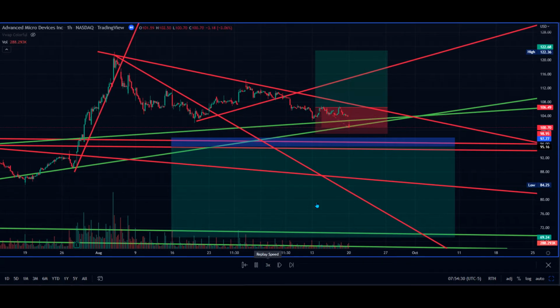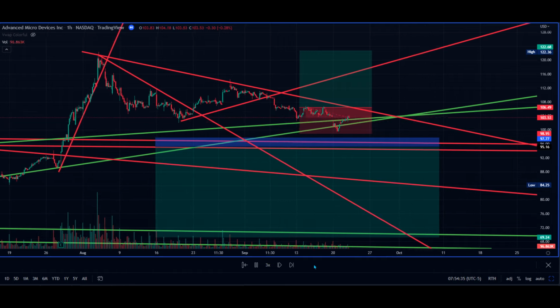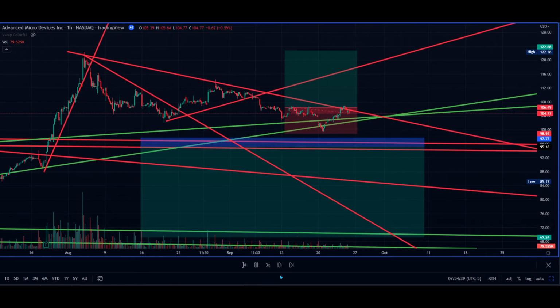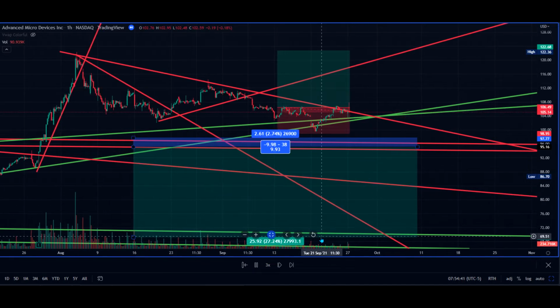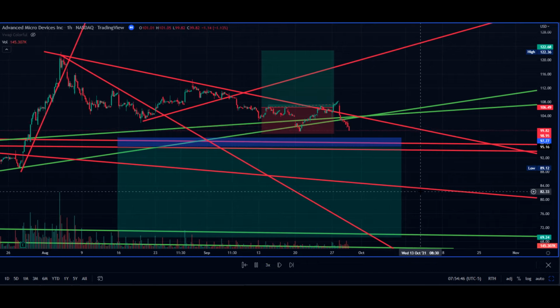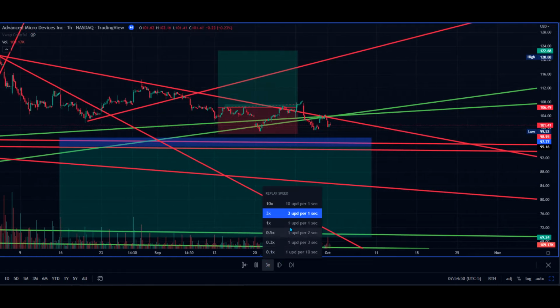Let's see if it wants to come back up, challenge this trend line here. Ooh, it's just going all over the place. Is it going to take us out? Let's speed it up and see.